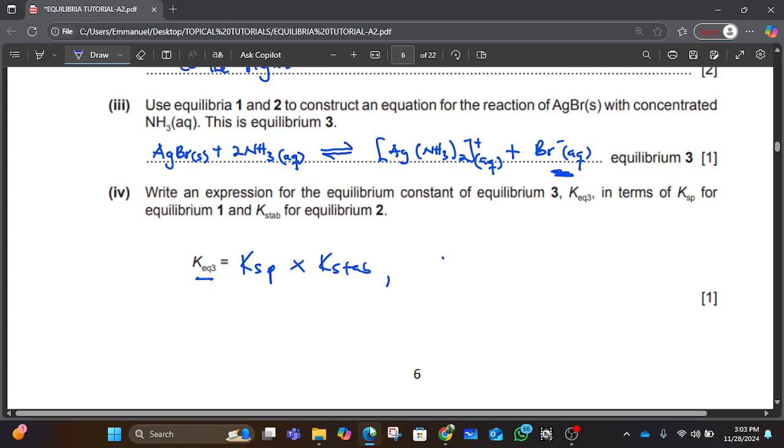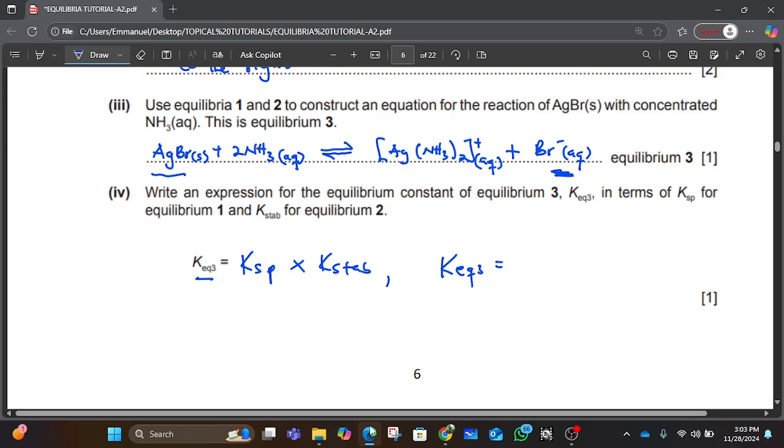And so for the equilibrium equation 3, constant 3 will be equal to the multiplication of the concentrations of the products divided by the concentrations of the reactants raised to the stoichiometric amount. But we don't include solids in equilibrium expressions.